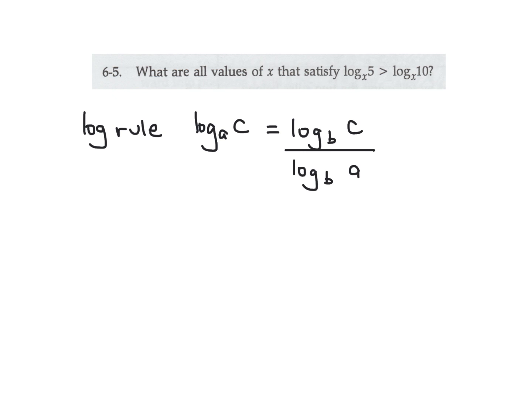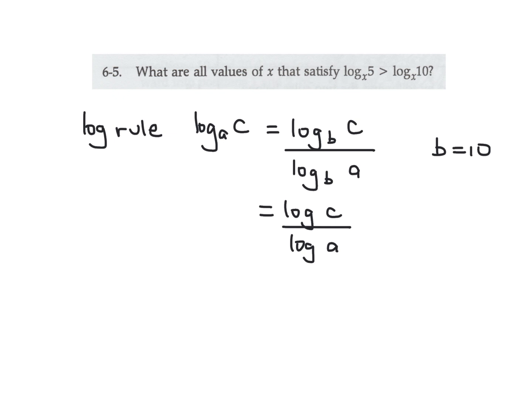And also in this case, I'm just going to let b equal 10, and if that's the case, then you don't have to write in the tens, because base 10 is kind of implied. And then what else can I do here to make it look similar?